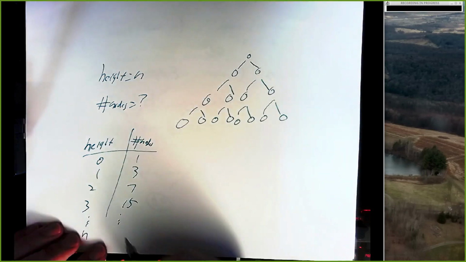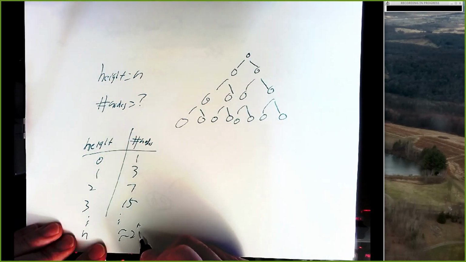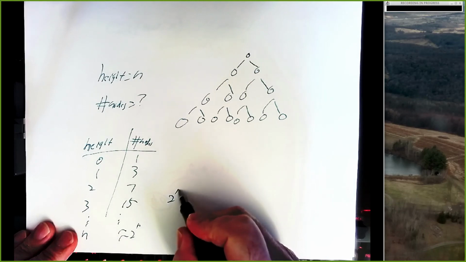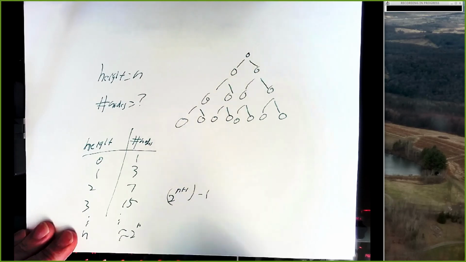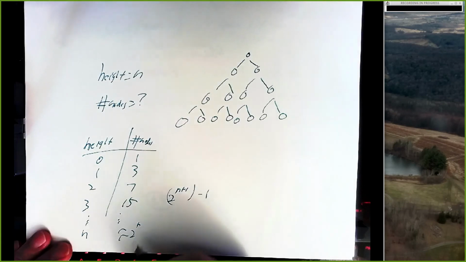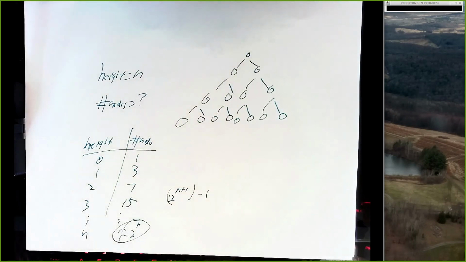So yeah, something on the order of 2 to the n. Perfect. Maybe like the sum of something, right? So this is actually like 2 to the n plus 1 minus 1. Right, so 2 to the 4th minus 1, 2 to the 3rd minus 1. But ballpark, order of magnitude 2 to the n.